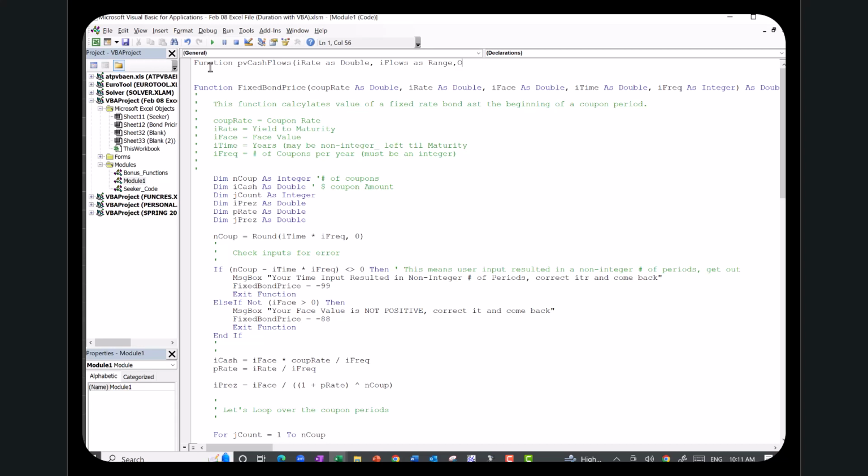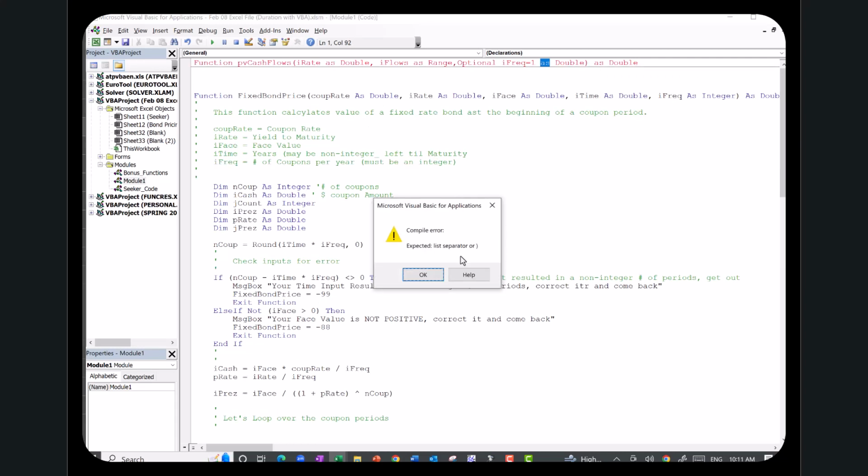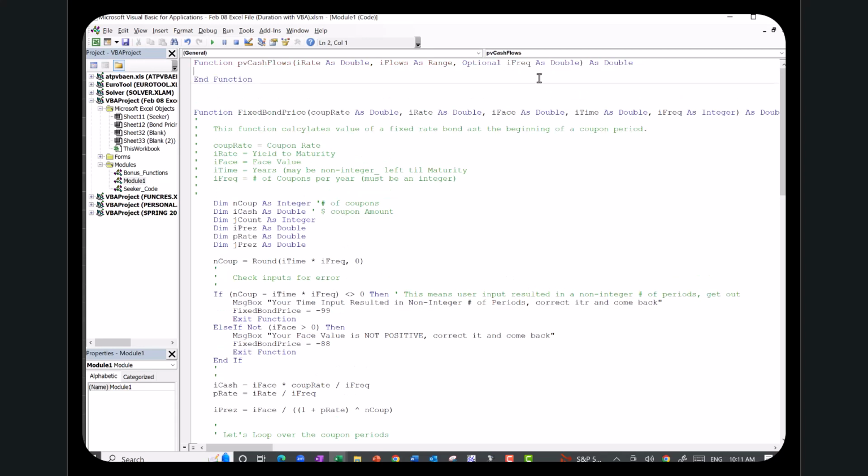And the third argument, and I want to do this to show you how to use optional arguments. Optional ifrec equals 1 as double. Let me see. I thought I handled that right.